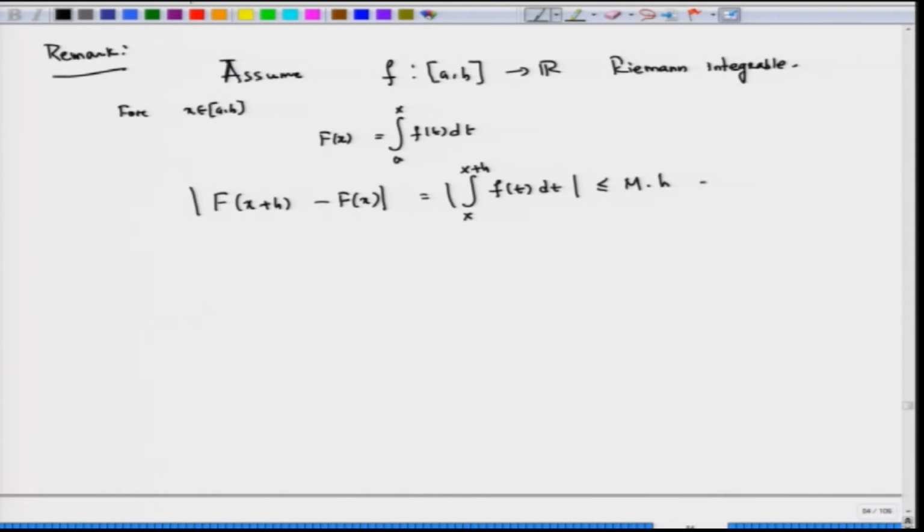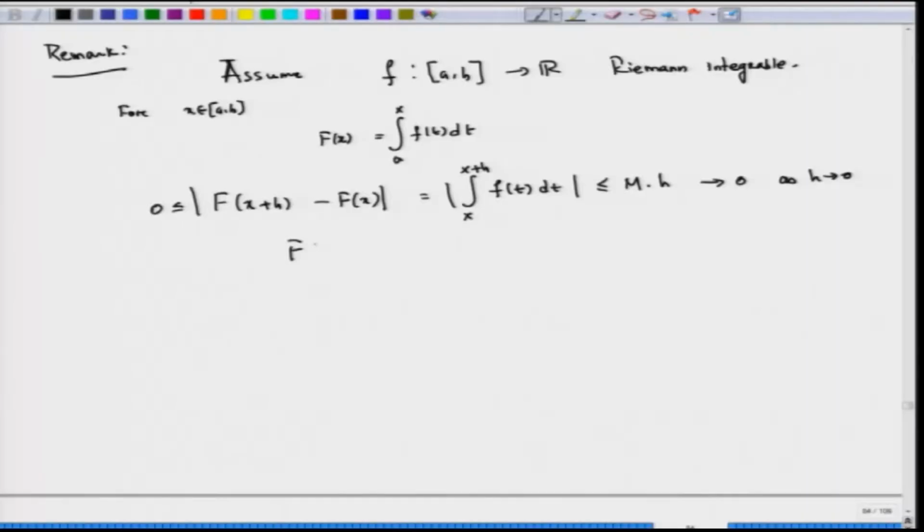Now, this goes to 0 as h goes to 0, because this is also greater than or equal to 0. Therefore, what it says is that if we are assuming only Riemann integrable, then the capital F is definitely going to be a continuous function. So, f is integrable, capital F is continuous.